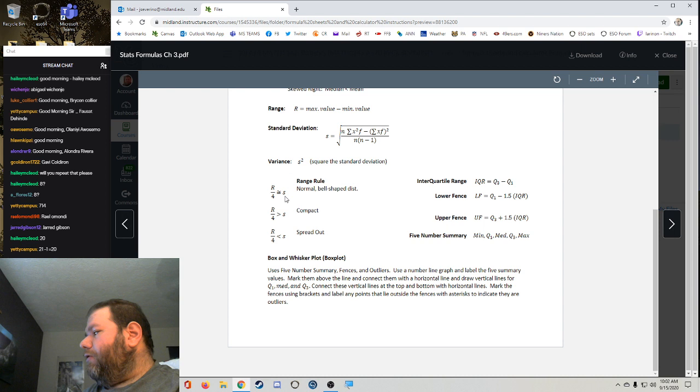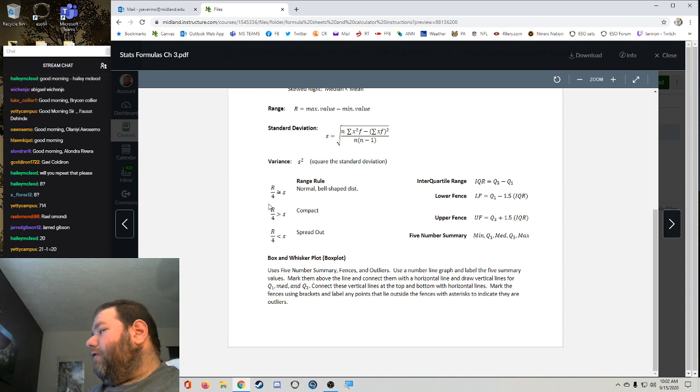So whenever we do our test, we'll have to make sure we justify our answers. If we decide range divided by 4 is approximately equal to S, we feel it's close enough, then we can say it's a normal bell-shaped distribution based on that.